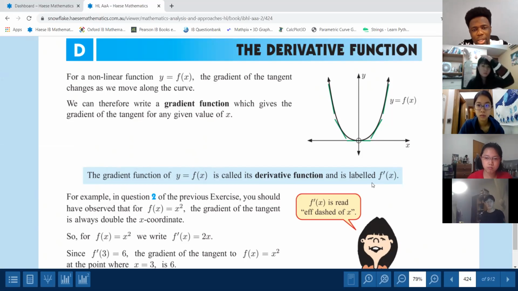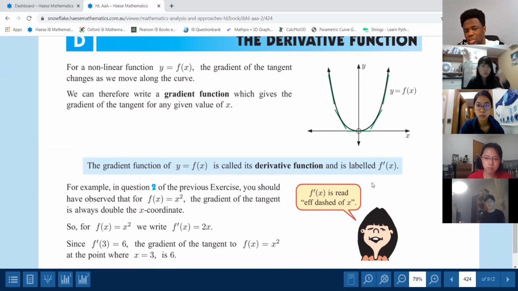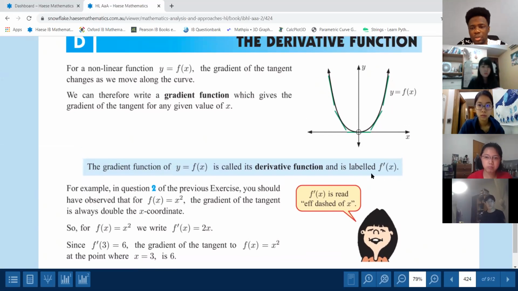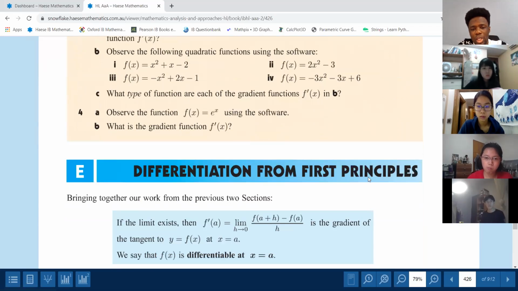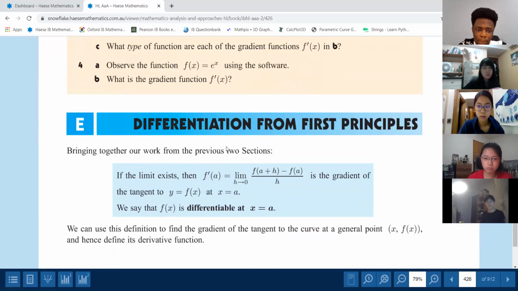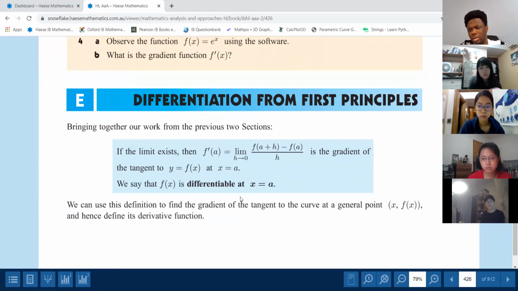Some call it f prime x. It doesn't matter. Does it make sense? So the gradient at any point, because you can draw the tangent at any point, right? Coupled with the previous knowledge is what we now use here in the first principle. Okay, so if the limit exists, then f prime of a is equal to the limit of this, which is the gradient of the tangent to this function at this point. I hope this is clear enough.